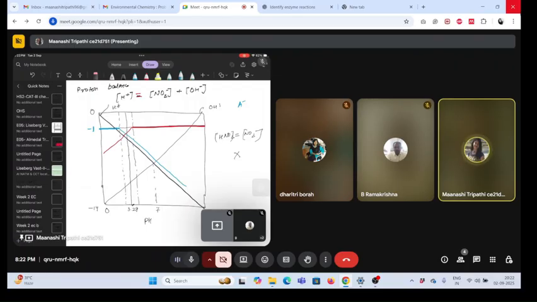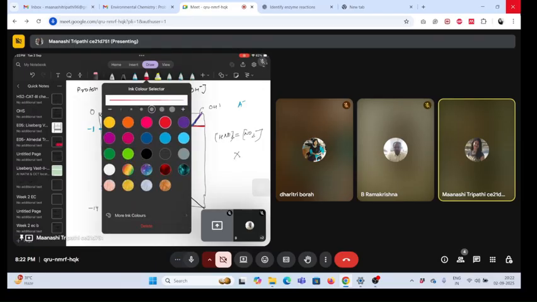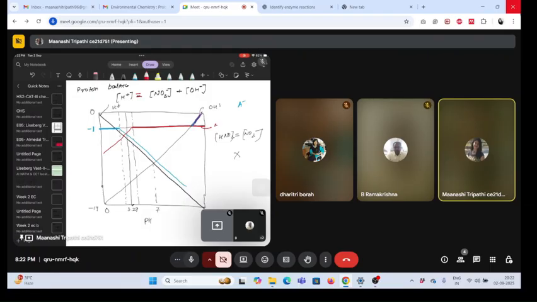This line is OH, right? So OH, and this was NO2 negative. This was HNO2. So OH, okay, then plus NO2, plus NO2.